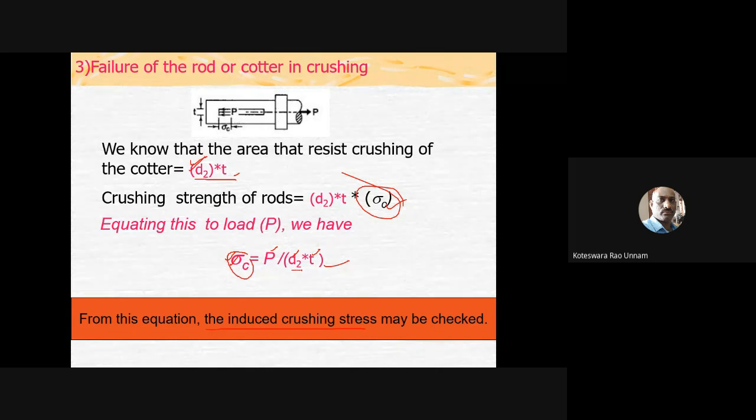That means whatever values you got for d2 and t, you can fix those values. Otherwise, you need to modify the d2 value according to this equation. So in place of sigma c, you take sigma allowable, which is P by d2 into t. From that, we can calculate the d2 value. Okay, so that is about finding the outside diameter of this spigot.